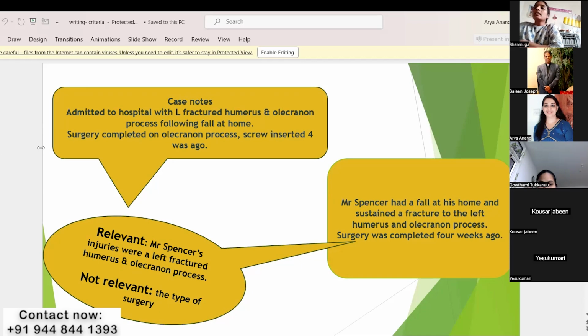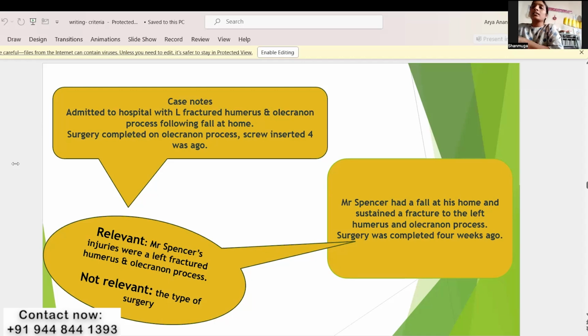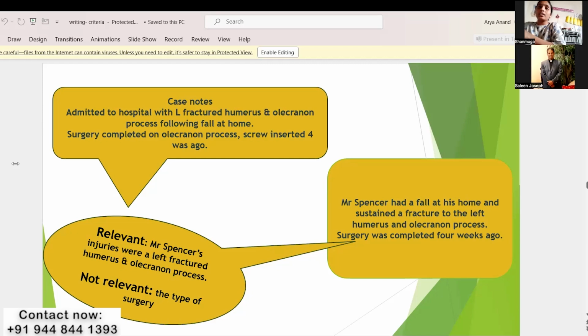If you look at this case note, you can distinguish two different pieces of information, one relevant and one not relevant. This case note belongs to an occupational therapist. The occupational therapist needs to know what fracture happened to the patient and whether it is fixed or not.